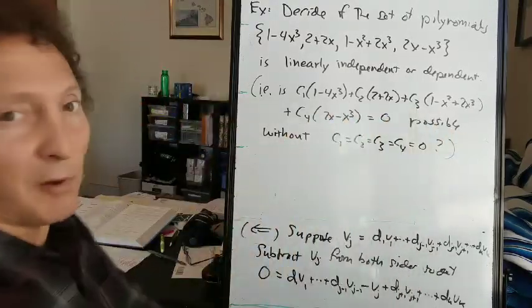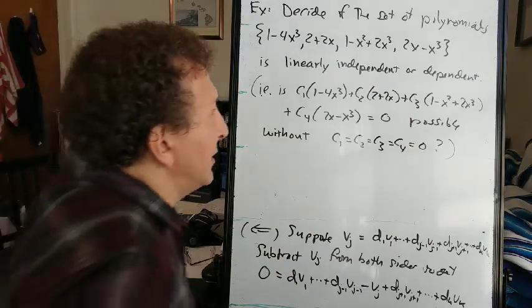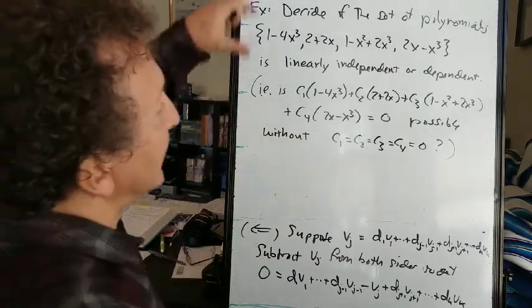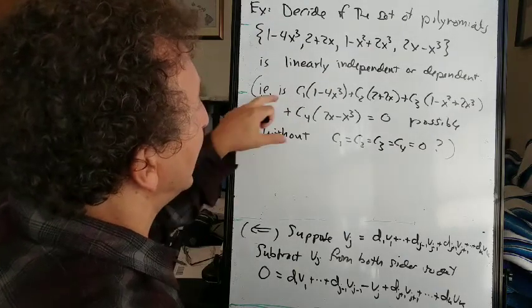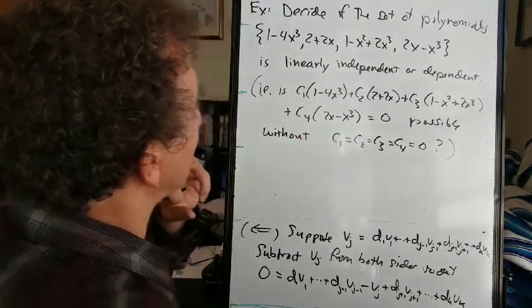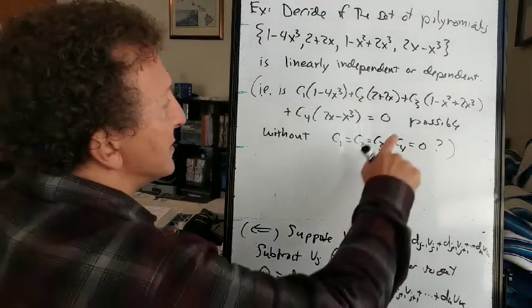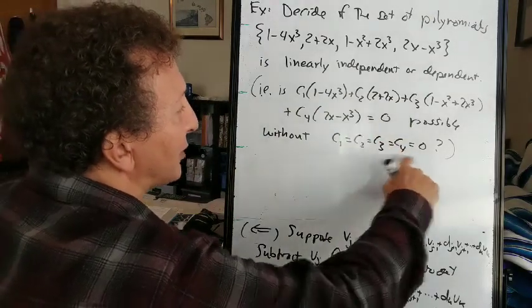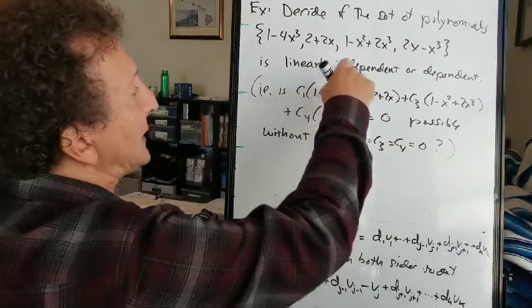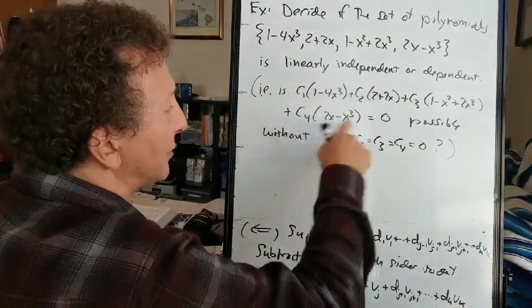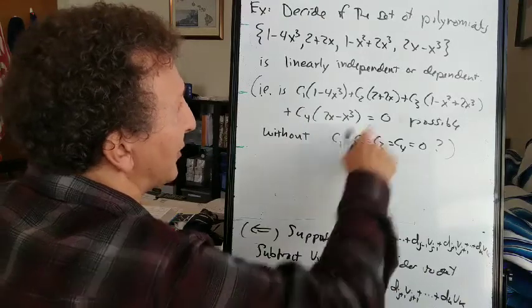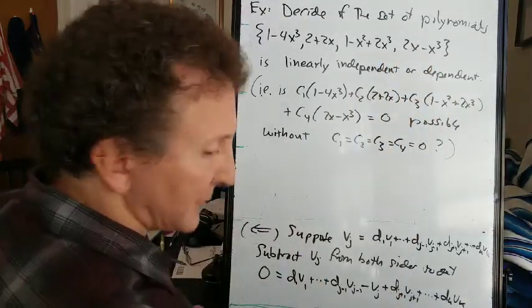Of course it's possible if all the coefficients are equal to 0 themselves. It's only interesting if there's a way to put these 4 polynomials together with coefficients that are non-zero. So if the only way this is possible is to have all the coefficients equal to 0, then we've got a linearly independent set. If there's some other way to put them together to get 0, with the coefficients not all 0, then we've got a dependent set.